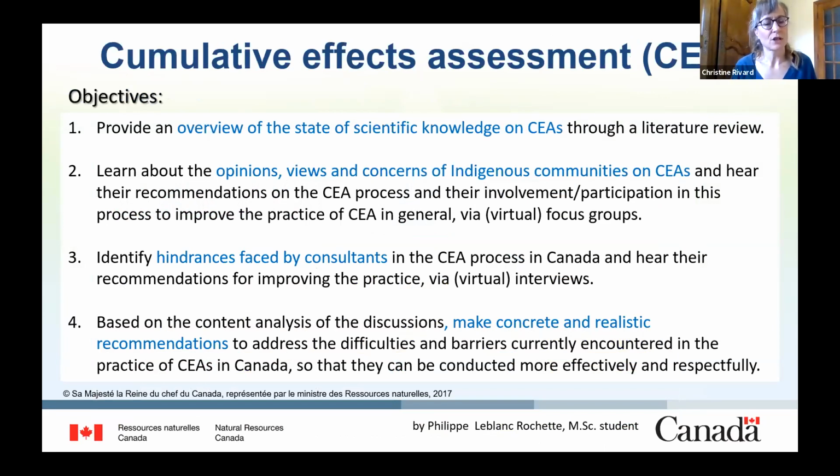The objectives of the general study on cumulative effects are, first, to provide an overview of what has been done worldwide so far on cumulative effects. Second, to learn about opinions, views, and concerns of indigenous communities on cumulative effect assessments, and take note and become aware of their recommendations. Third, identify obstacles that consultants or practitioners face while conducting cumulative effect assessments.